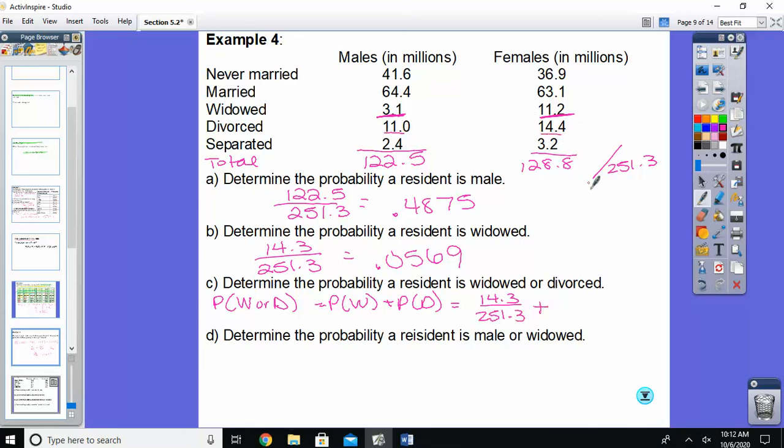Divorced, or you could just add all four of those numbers if you want and divide it by the total. That's fine too when you're reading these from the tables. And I get 0.158.